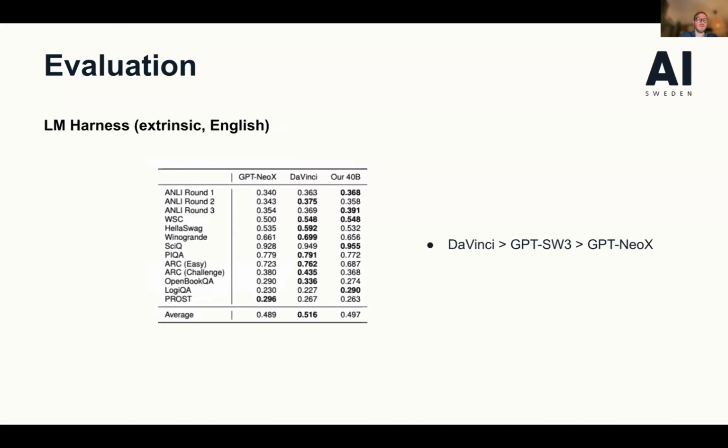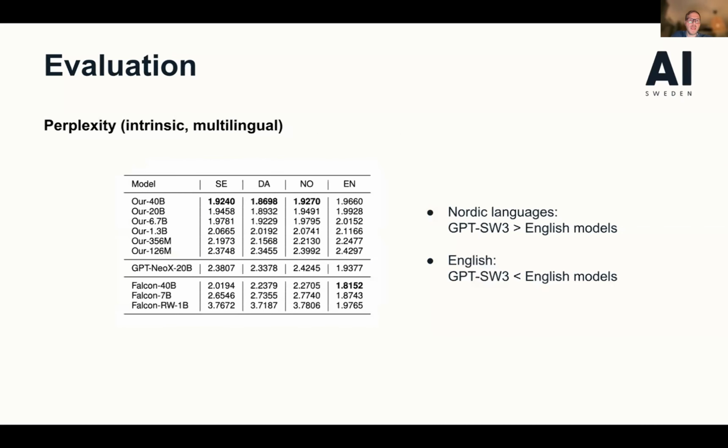So first perplexity. Here you see Swedish, Danish, Norwegian, and English as the columns, and then we compare all our models against GPT-NeoX-20B and some Falcon models.